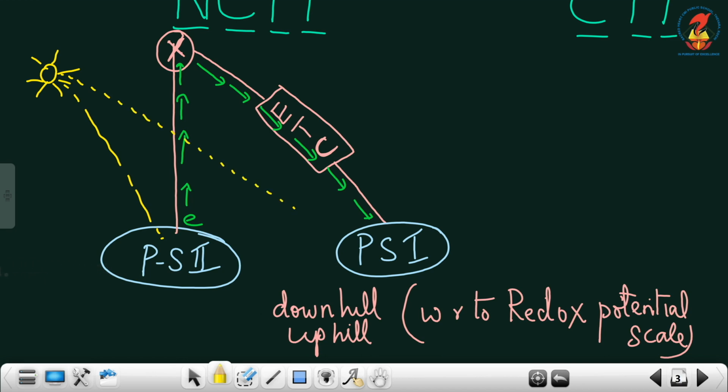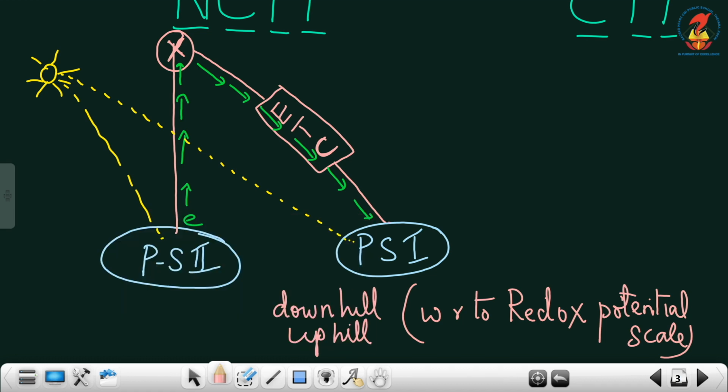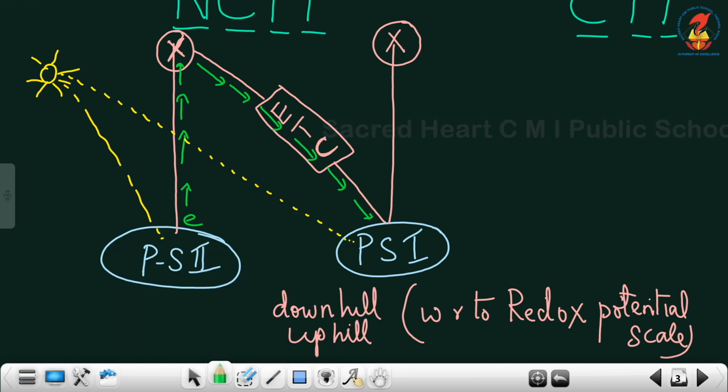The sun's rays are illuminating photosystem 2 at the same time, and therefore an electron is emitted from photosystem 2 also, which travels uphill to another electron acceptor X. So an electron is lost from photosystem 1, but that lost electron is compensated by the electron coming from photosystem 2.